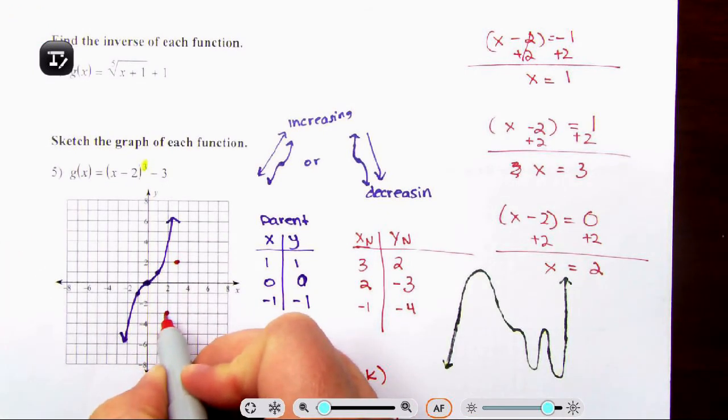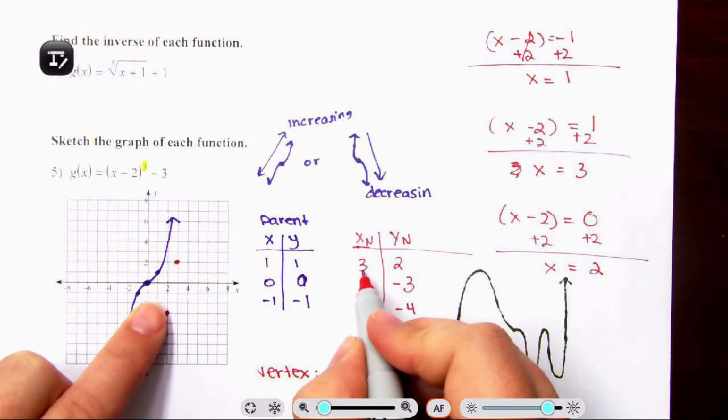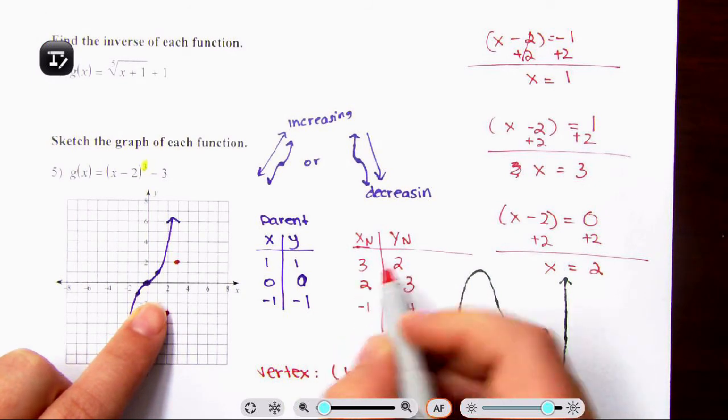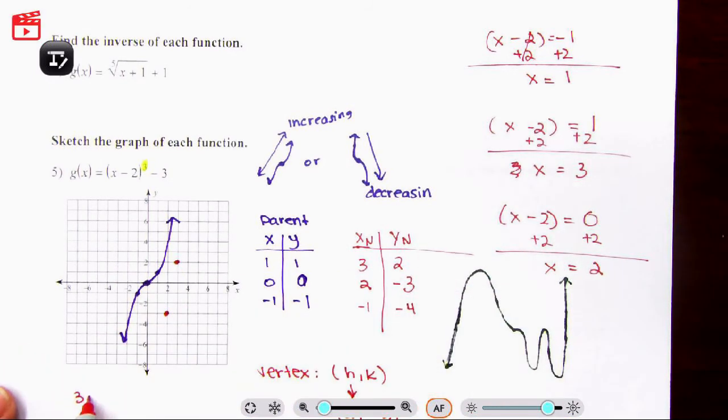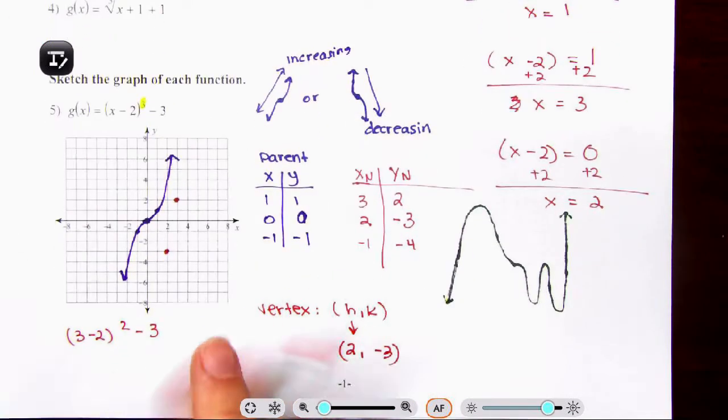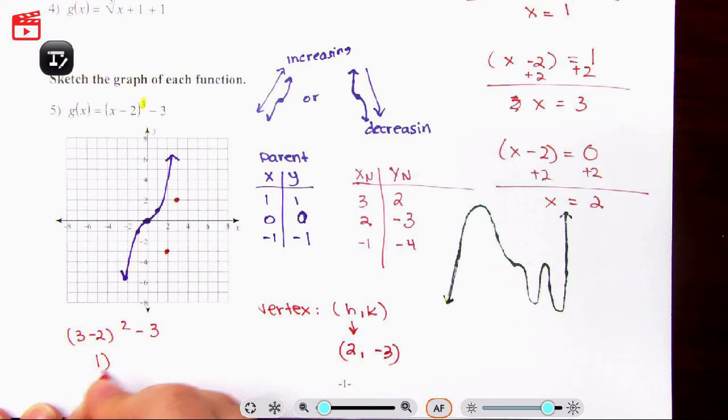Now let's double check. If I input 3, 3 minus 2 is 1. 1 cubed. Oh, this should be negative. Do you guys see that? 3 minus 2, cubed, minus 3. This is 1 cubed minus 3.